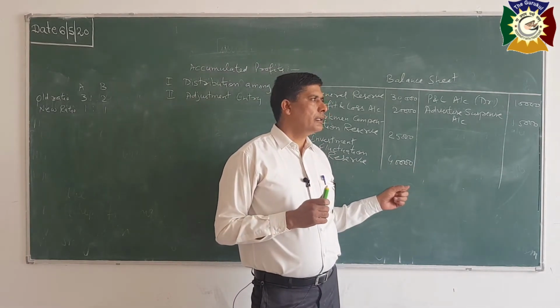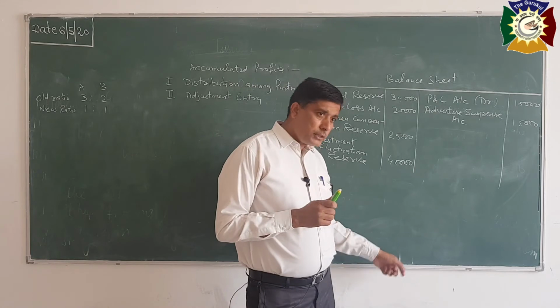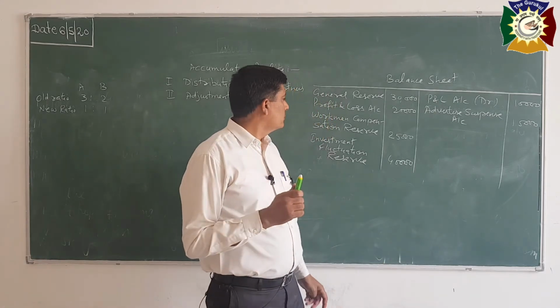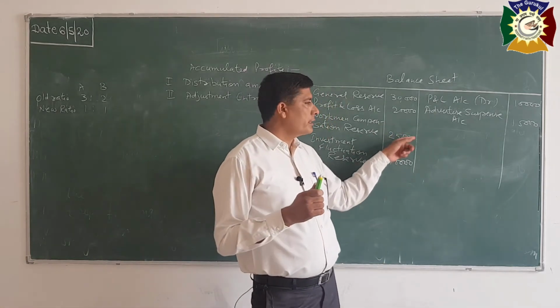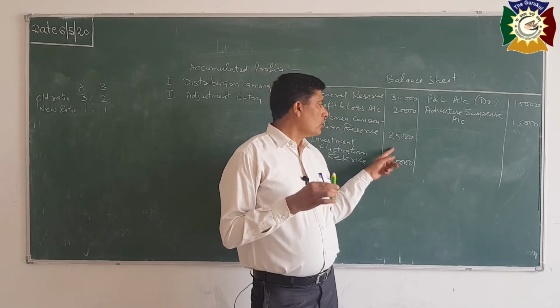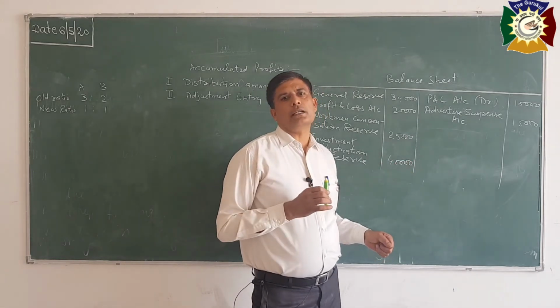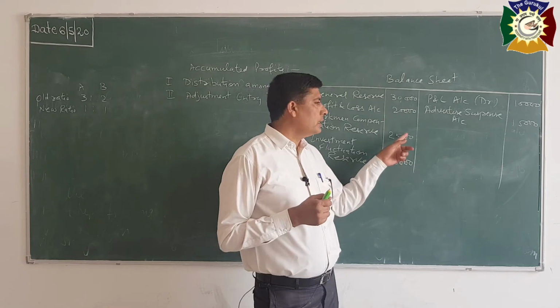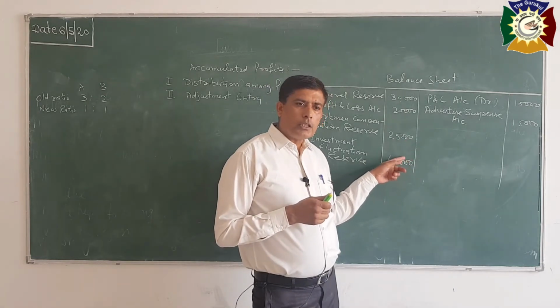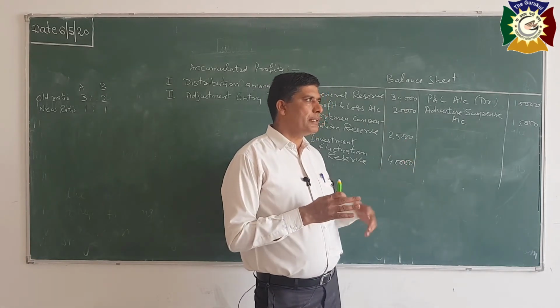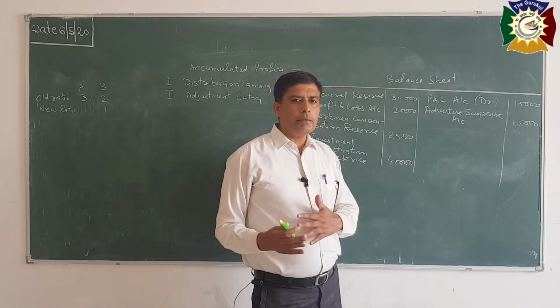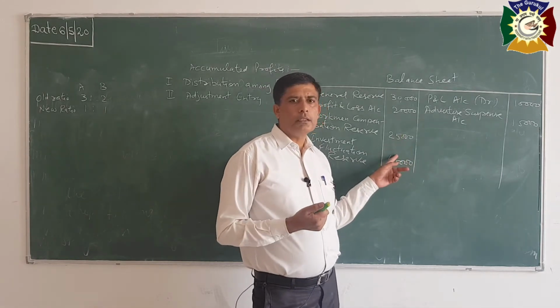On the other hand, if in adjustments you are given a claim, now your reserve is 25,000, if you have to pay that claim of 15,000, then the remaining 10,000 you will distribute among the partners, because out of this amount 25,000, 15,000 you have to pay the claim and remaining 10,000 you will distribute among the partners.